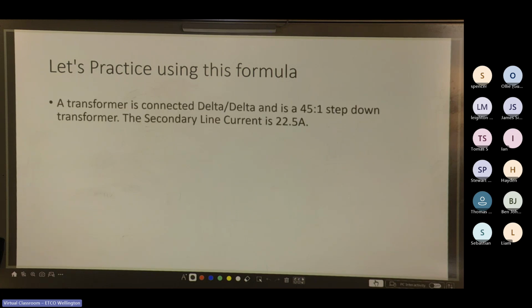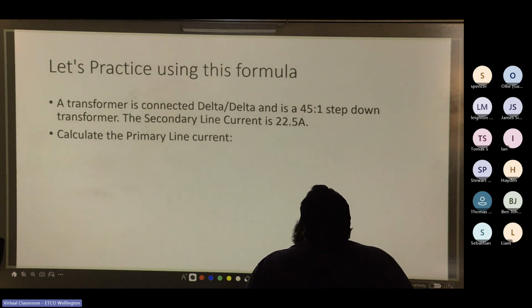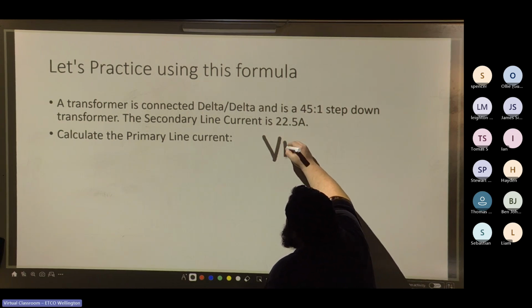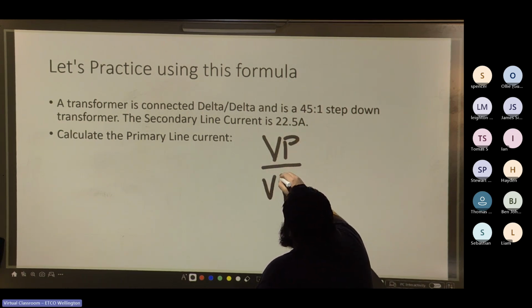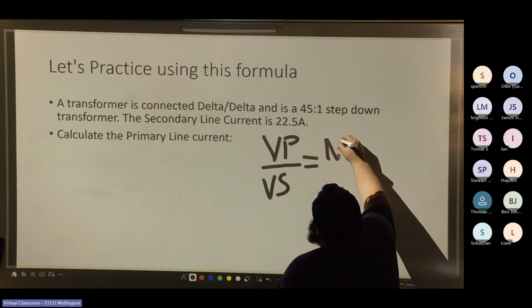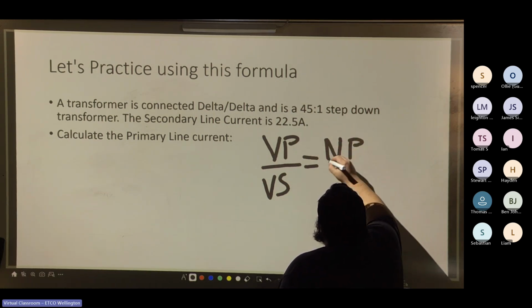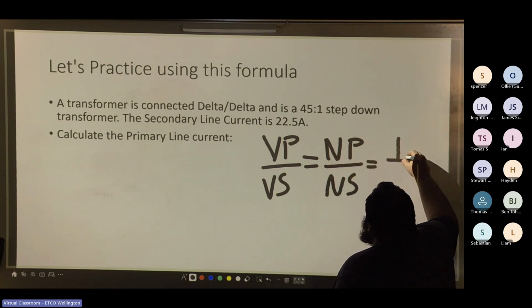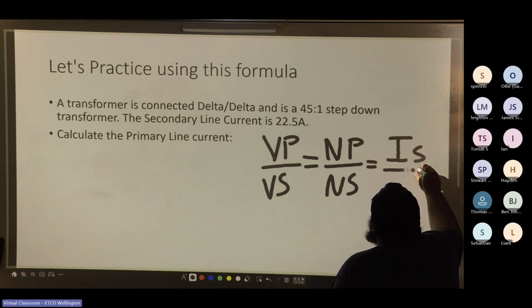So first, we look at the primary line current. When we're talking about the current, we must remember the formula that we've studied previously. Voltage primary over voltage secondary is equivalent to N primary over N secondary, which is equal to I secondary over I primary.